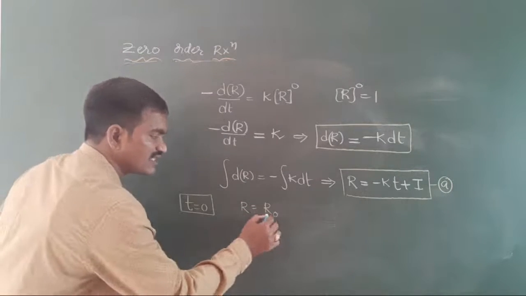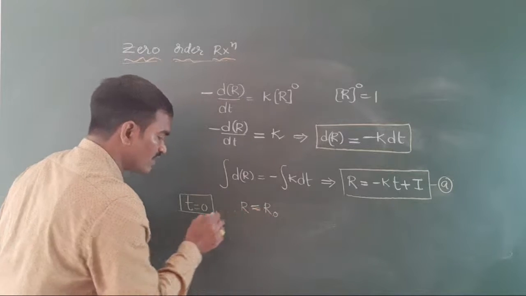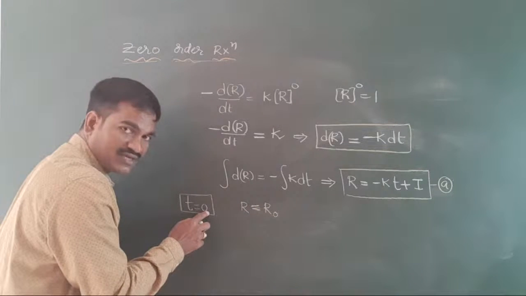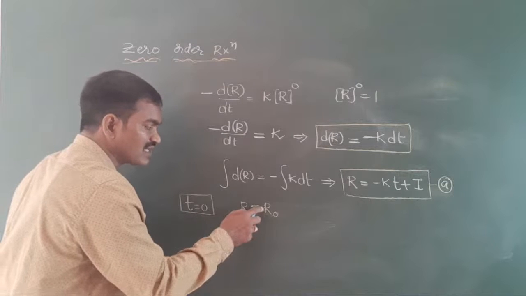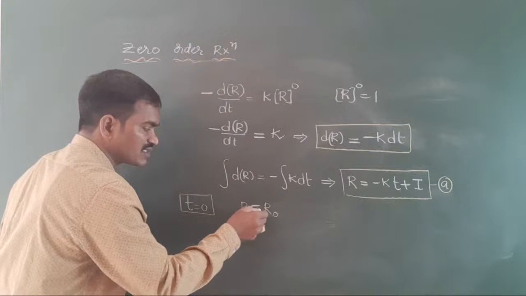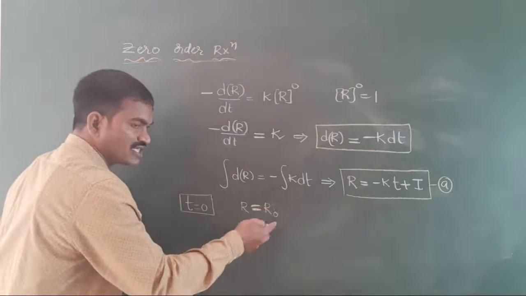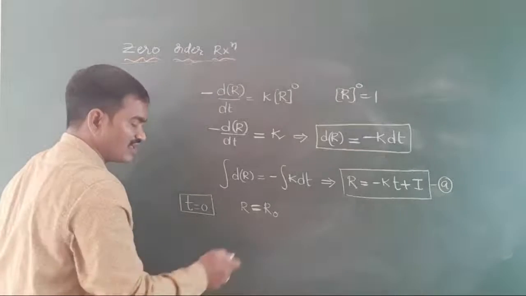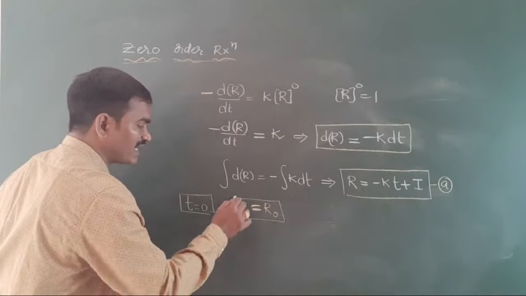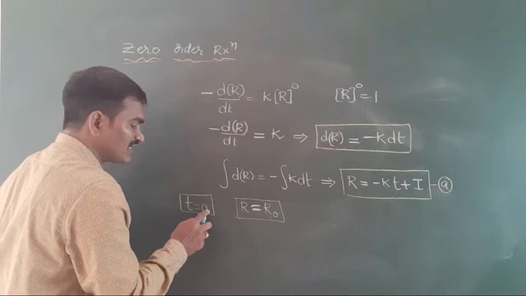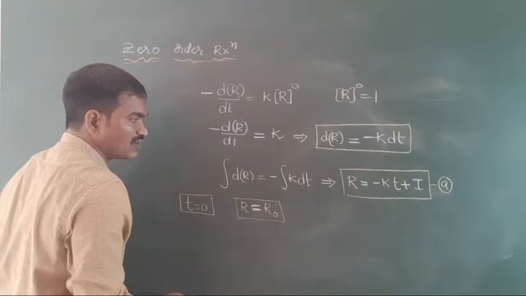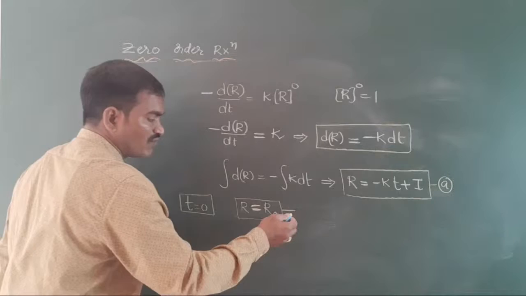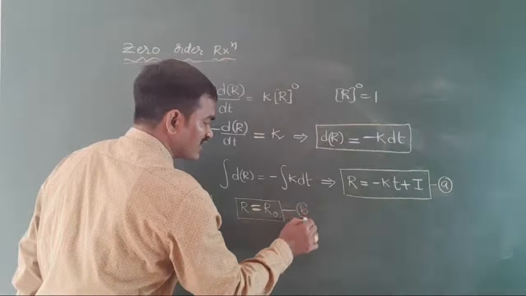Whenever you take time t is equal to 0, the reactant concentration is the initial concentration, R naught. You have to keep this in your mind. Whenever you take t equal to 0, R is equal to R naught. These values I am substituting in equation A.